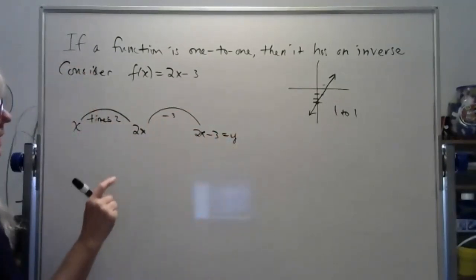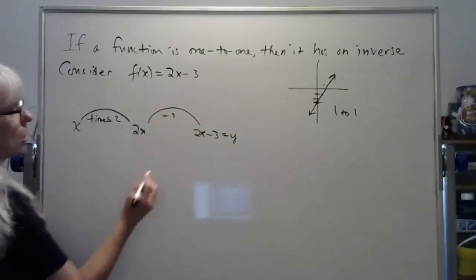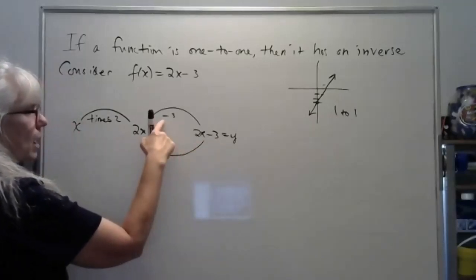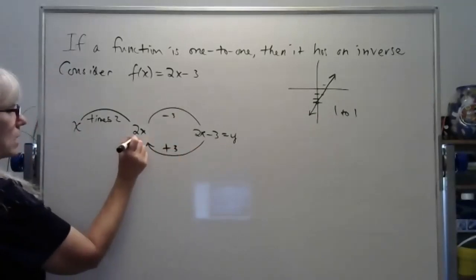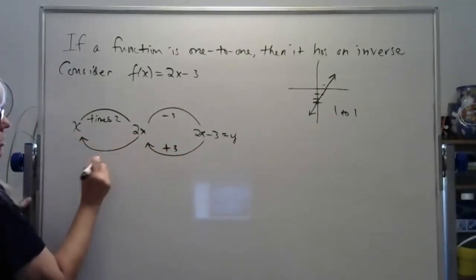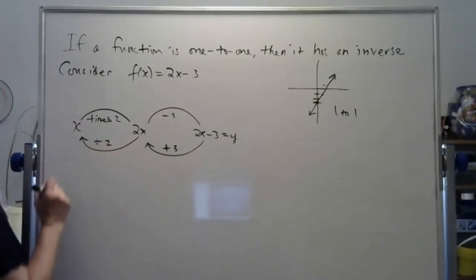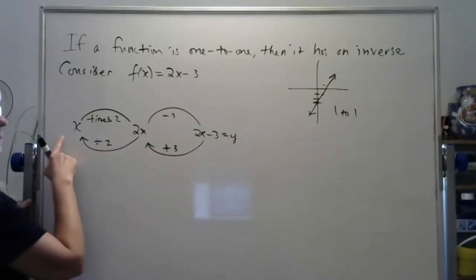Okay, well, if you come in and do the opposite of this in the opposite order, then the inverse function is going to come in, and first of all, the opposite of subtracting 3 would be to add 3. And then instead of multiplying by 2, you'd have to divide by 2. And that would get me back to the original. So let's input an x value.